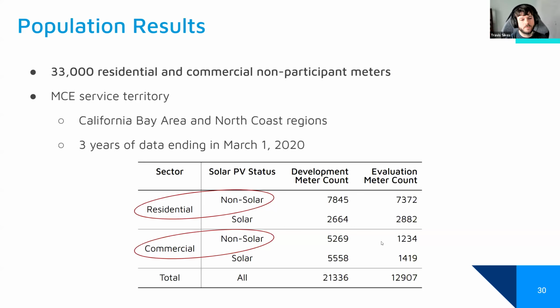And this is a full breakdown of all of the meters. But for our purposes, and during this talk at least, I'm only going to be focusing on the residential non-solar and the commercial non-solar customers. If you're interested in more, please visit our website at opendsm.energy, where you can find the full report with many more details than I'm able to go over during this time period.